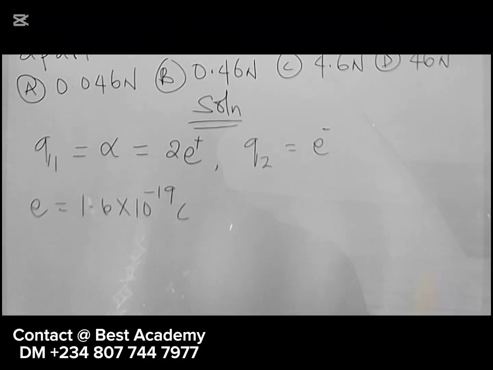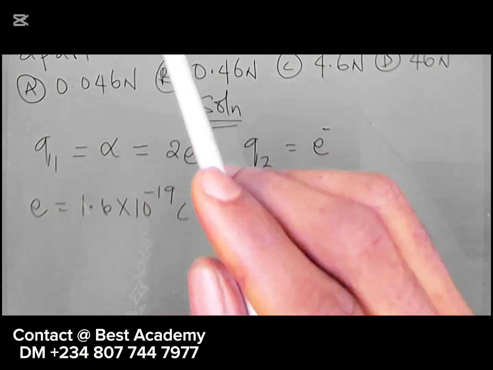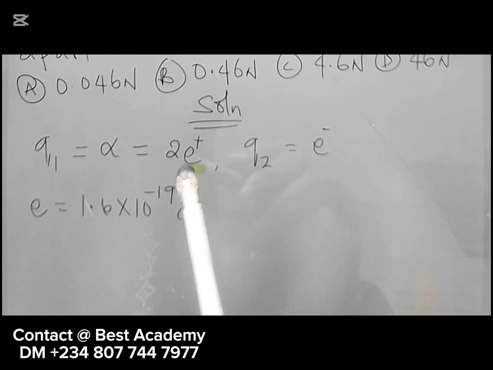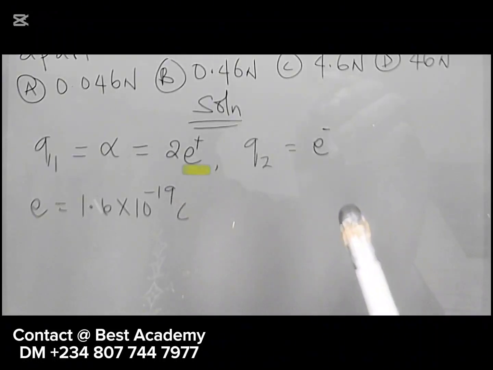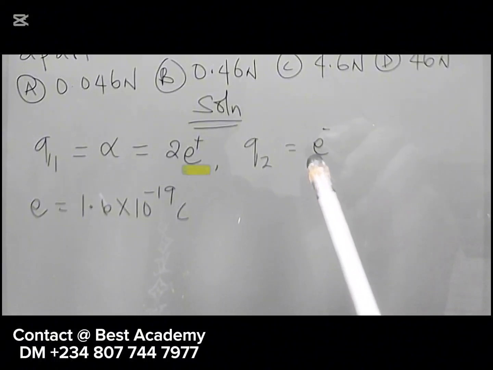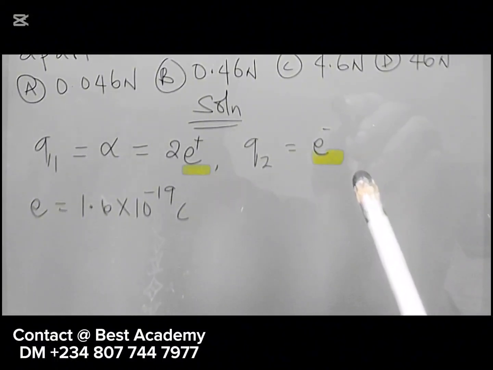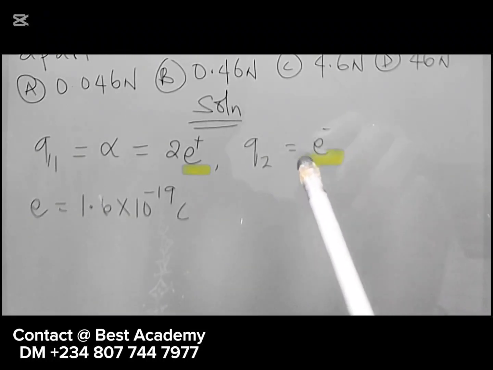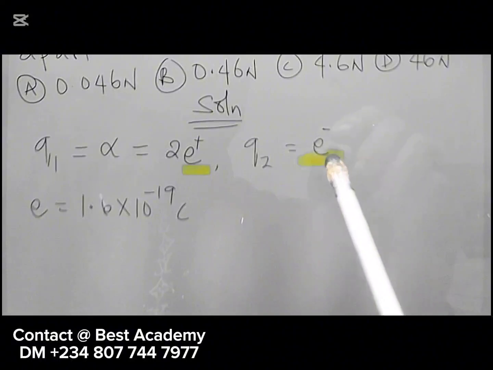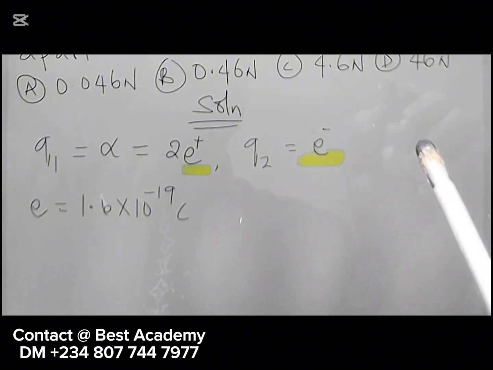That means anywhere we see e, we replace it with 1.6 times 10 to the power of minus 19 coulombs. For the electron, we replace it with the same value but negative, because of the electron charge.